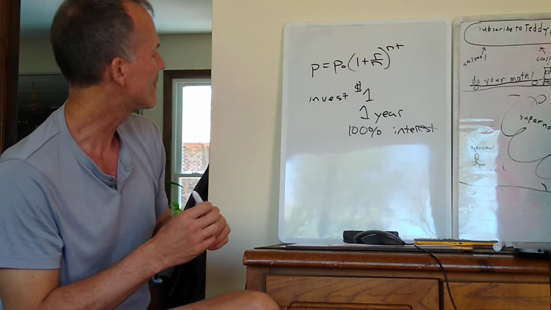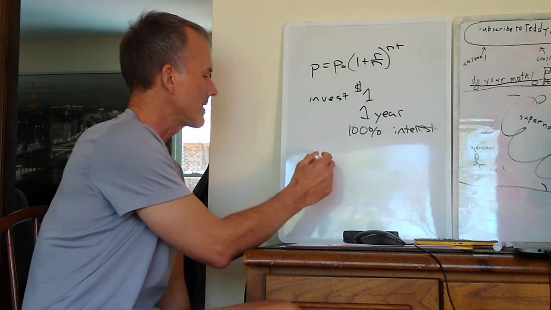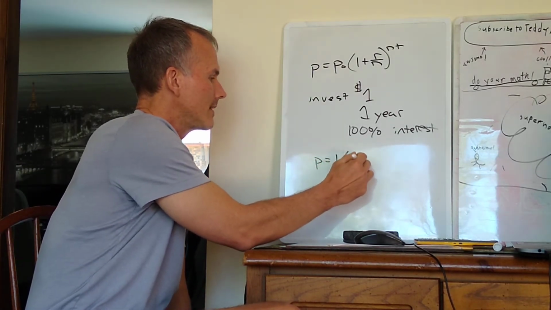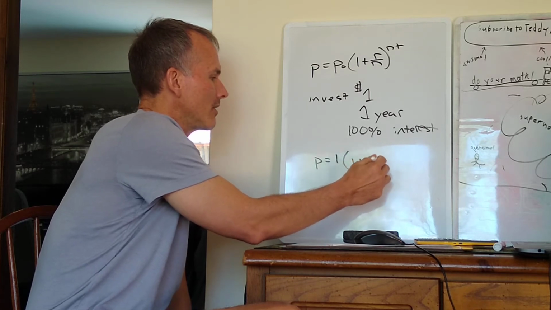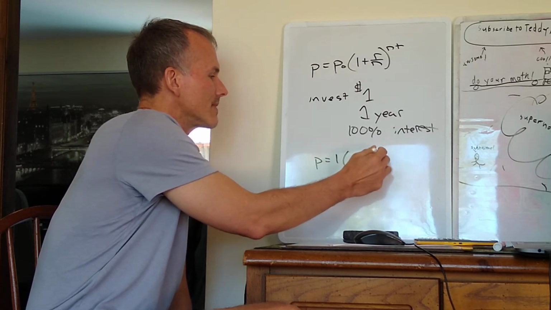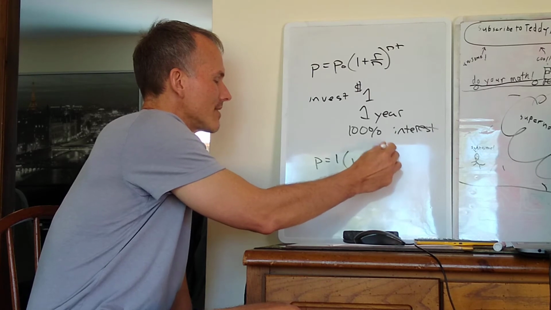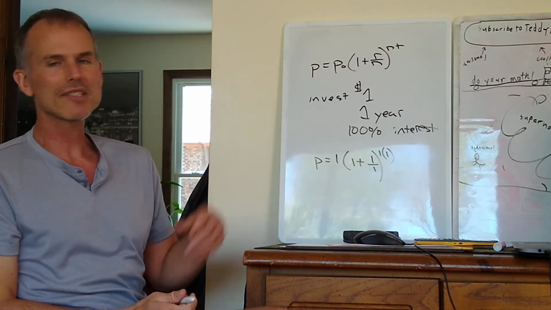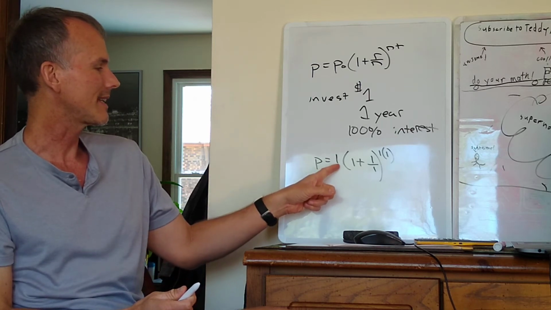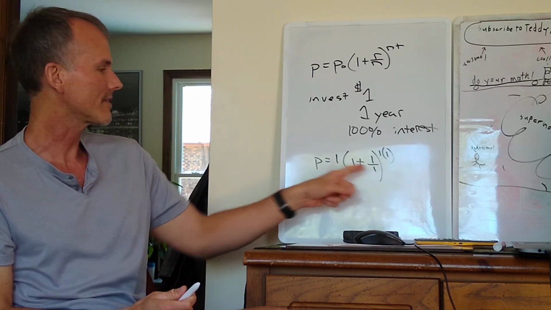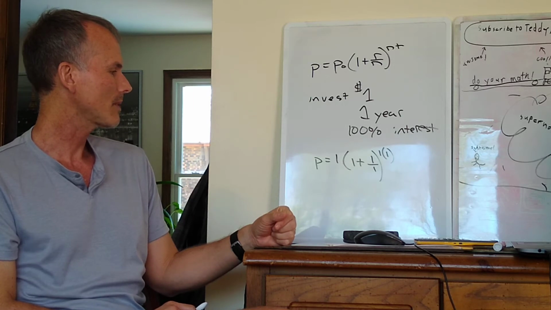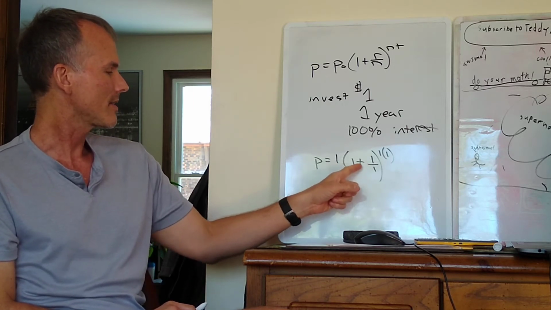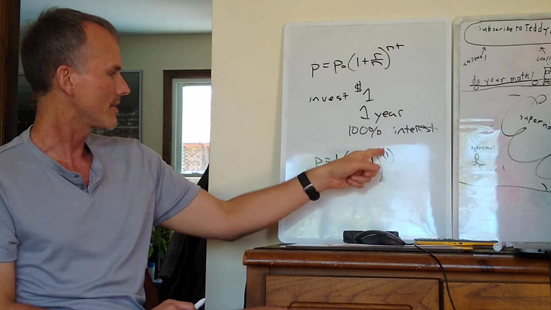If it compounds once a year, the calculation would be P equals 1 times 1 plus 1 over 1 to the 1 times 1. Whole bunch of ones there, right? If I simplify, I don't really need that 1 out front, it's just multiplying this quantity by 1. But 1 plus 1 is 2, so that makes 2 to the first power.